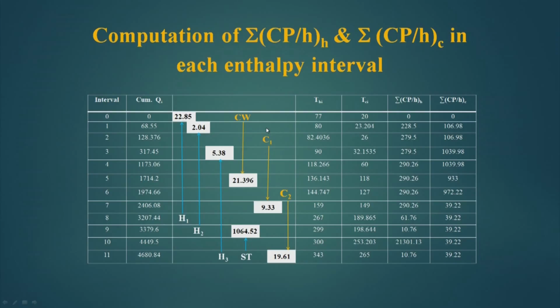Now, most of the data is available to compute the area of the different enthalpy intervals. So, we compute the summation CP by H for the balanced hot composite curve and the summation CP by H for the balanced cold composite curve.